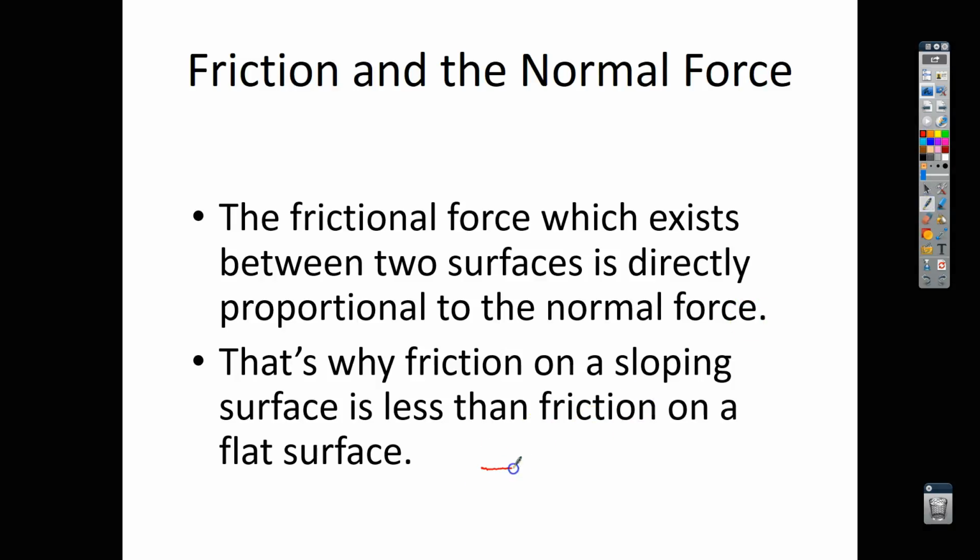Remember, on a flat surface, if something has a normal force of 650 newtons, it's because its force due to gravity is the same, 650 newtons. But once you put something on an incline, the normal force becomes smaller, and the force due to gravity never changes. So gravity would be 650 still, but the normal force would be much less than 650 newtons.